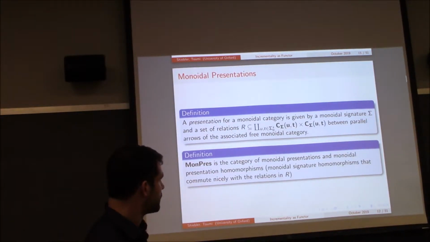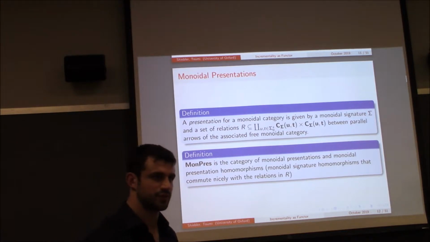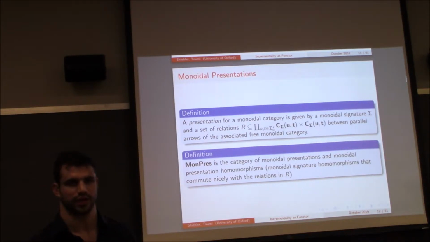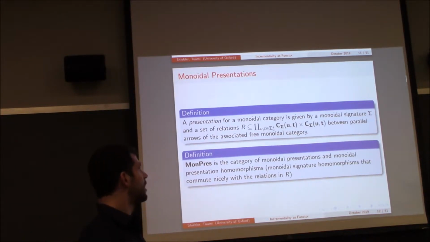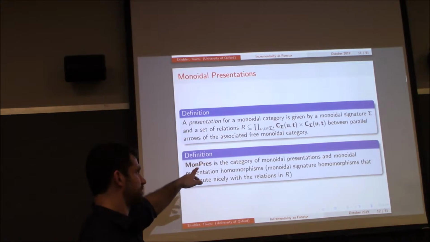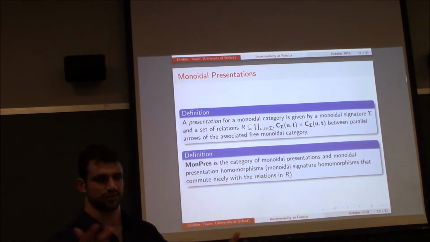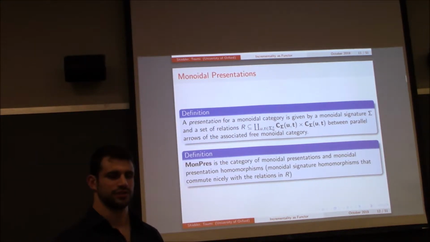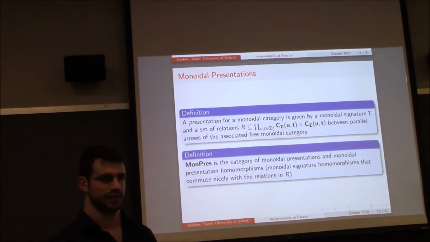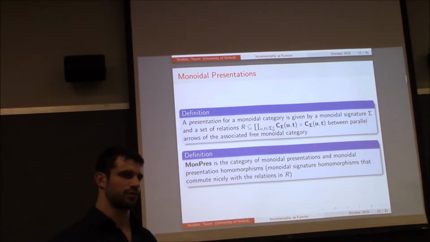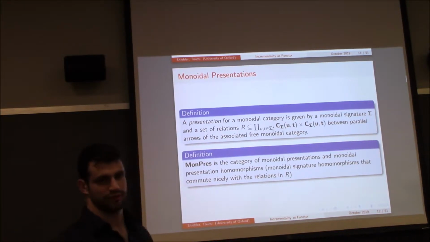If we want more complex relationships, where we're building monoidal categories with relations equating arrows, we can represent it with a monoidal presentation, which is essentially a monoidal signature along with a relation that says which arrows are the same.